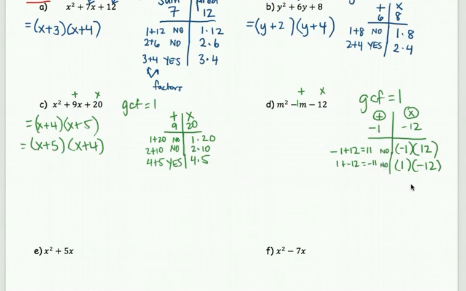Okay, all right, so let's think of the next two numbers that will multiply to make 12. So 2 and 6 will multiply to make 12, but we need -12. So one has to be negative, the other one has to be positive. Okay. So if I add these two, what will I get?